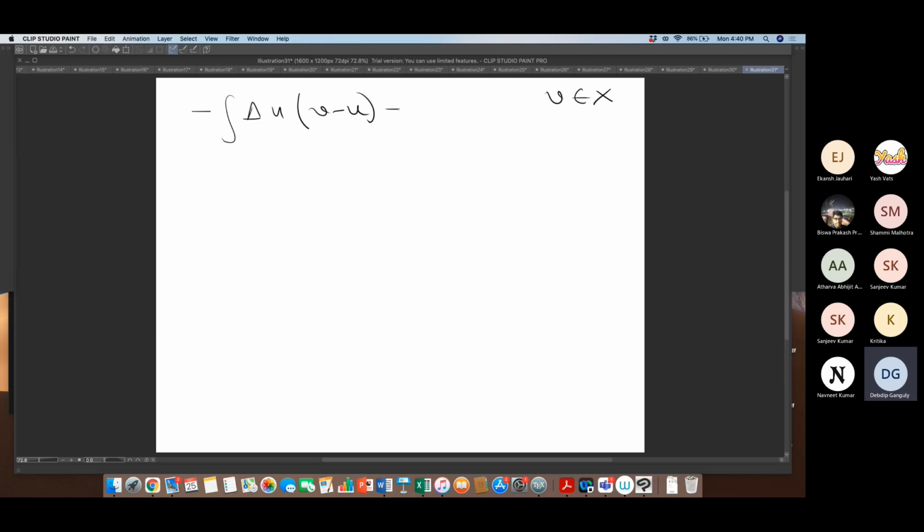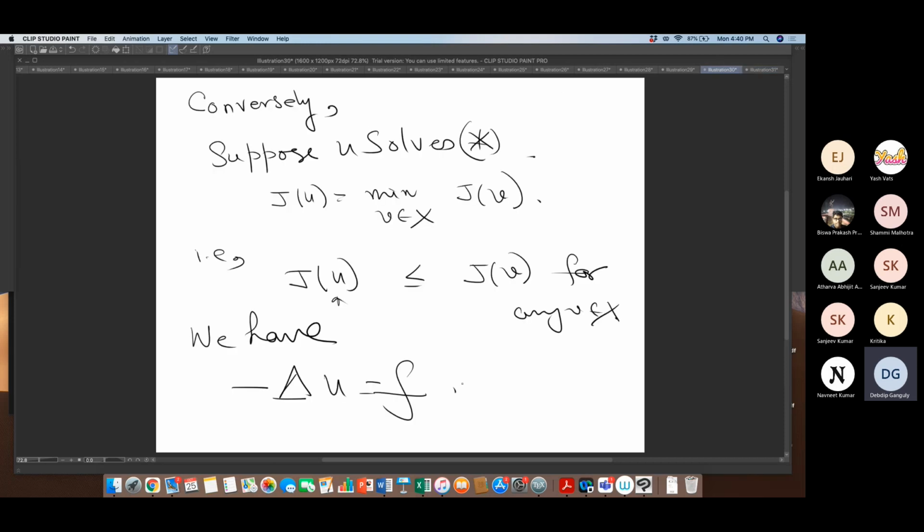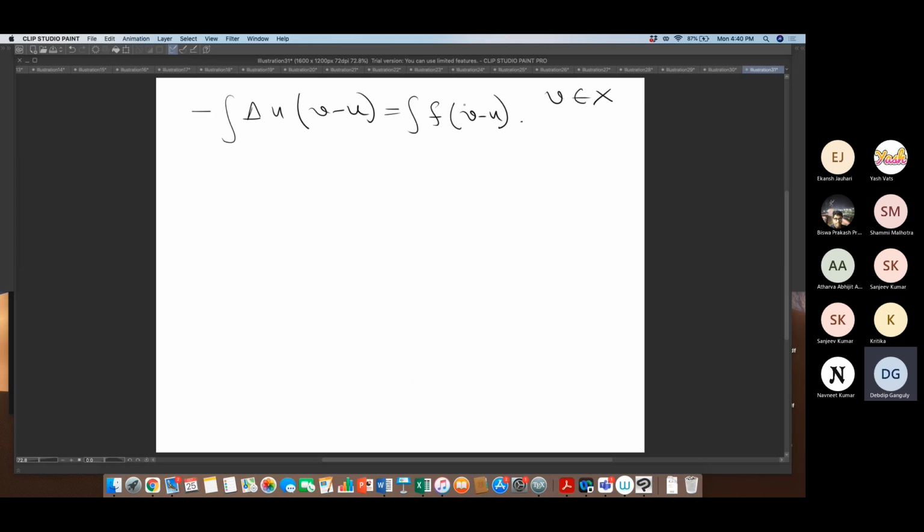You are given that u is a solution, so it is not a problem. v minus u is a well defined function. You multiply the equation minus Laplacian u equal to f with this, and then integrate. Again, what I will do is integration by parts.